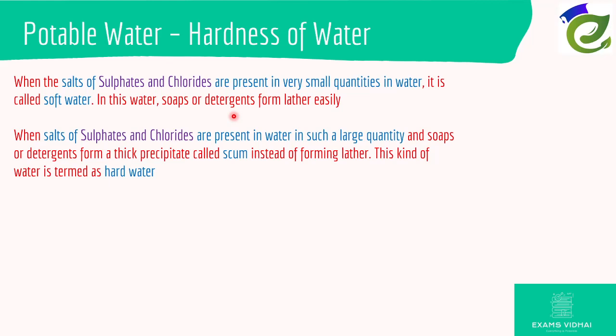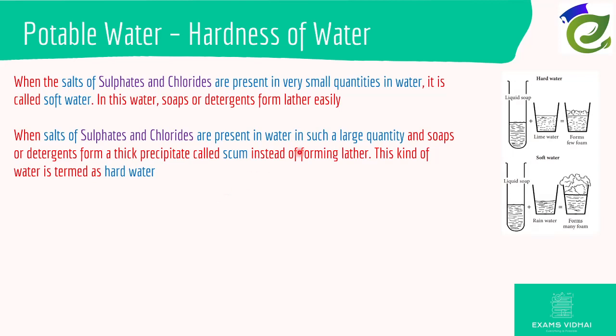Like I said, potable water is water that you use for everyday life, not just for drinking purposes. But for hard water, when you use soap and detergents with it, you will create a really thick salt precipitate, called scum, right? You have this diagram in the textbook as well.